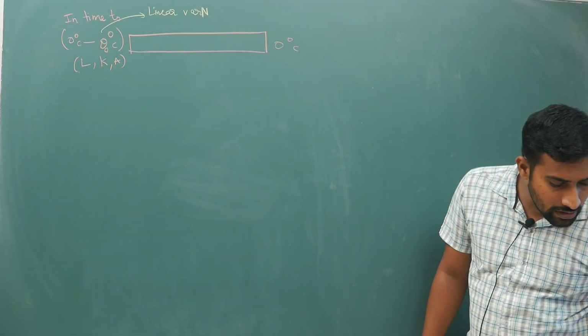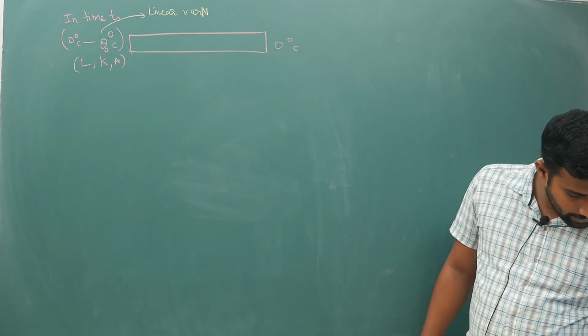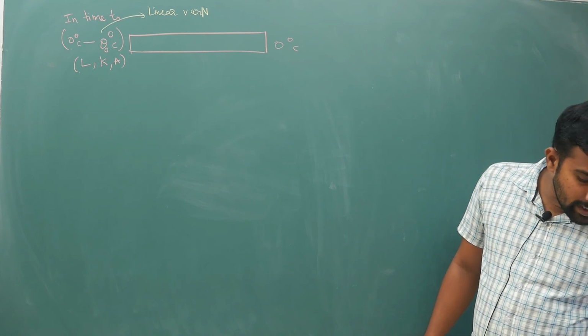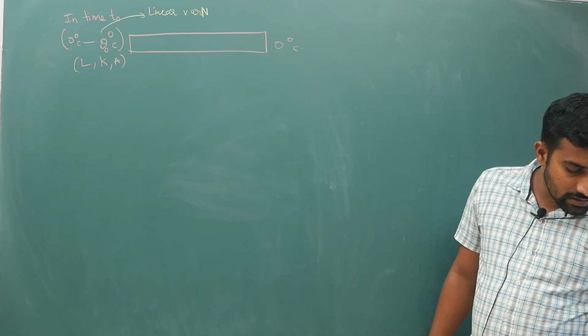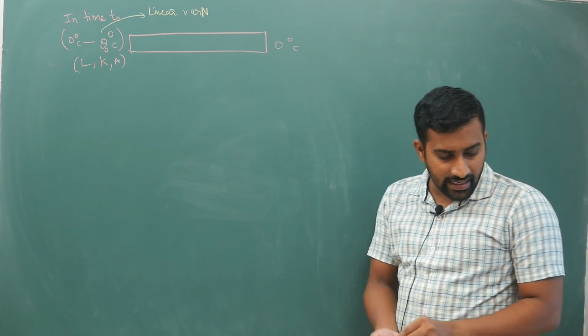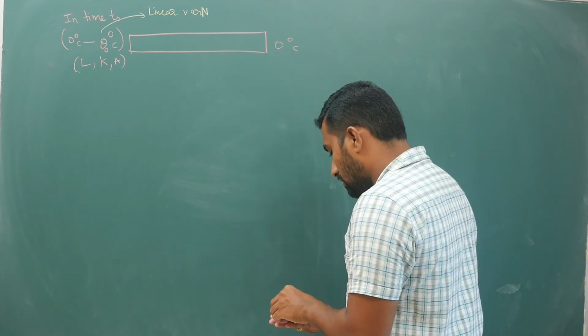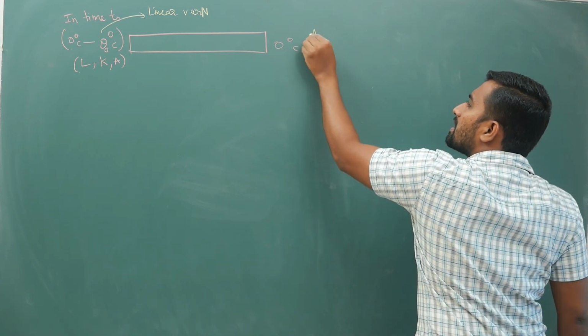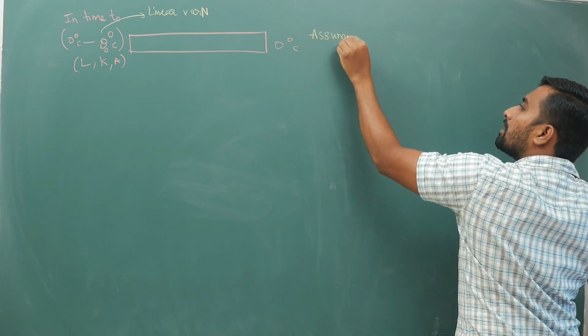What is your question? Assuming no heat loss through sides, find the total heat transmitted through the rod in time t naught.